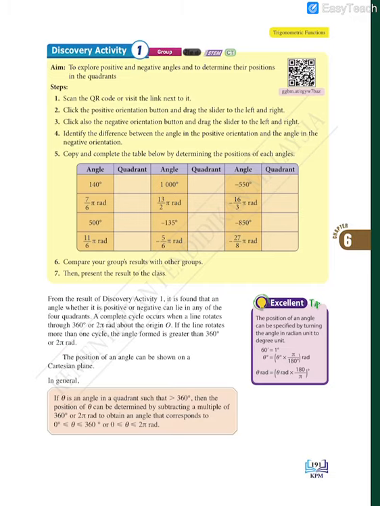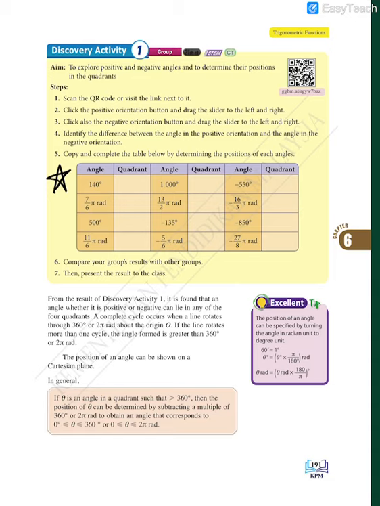There is an activity here: how to convert the positive and negative angles in the quadrant, which also have values in pi radian. You can try this one on your own.